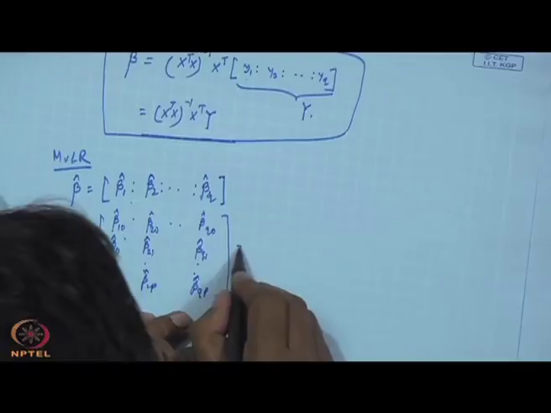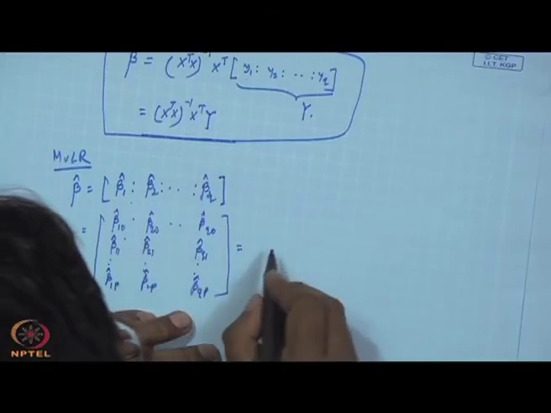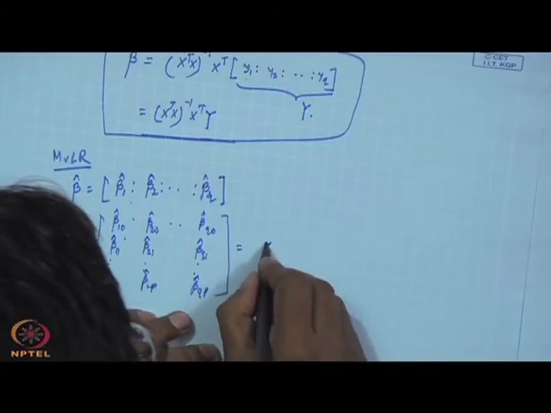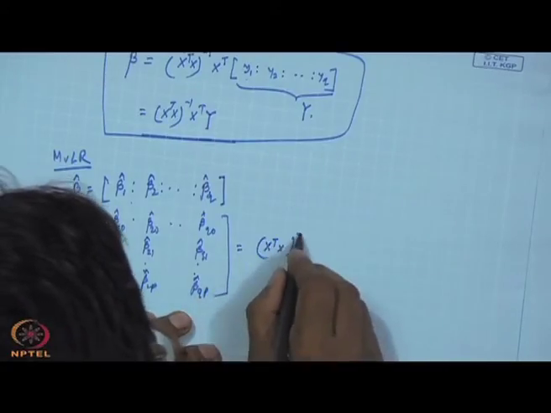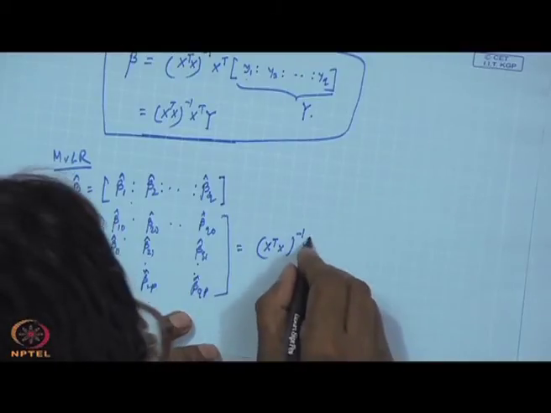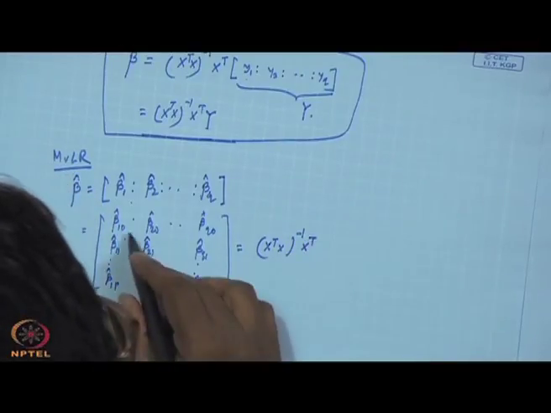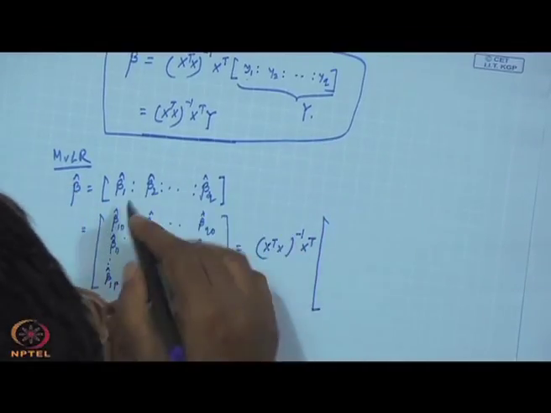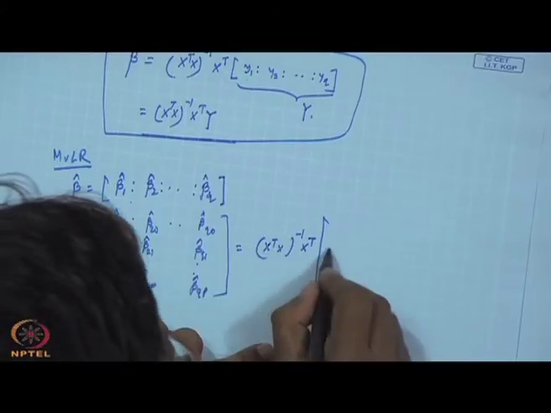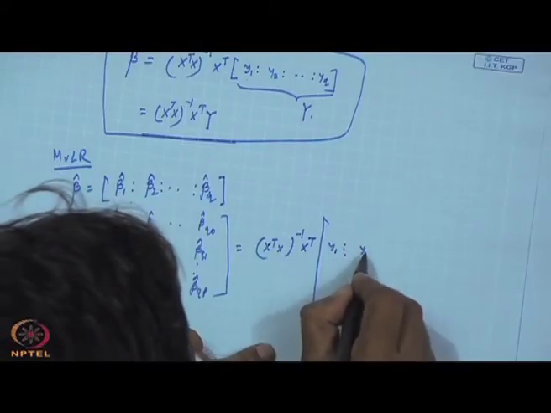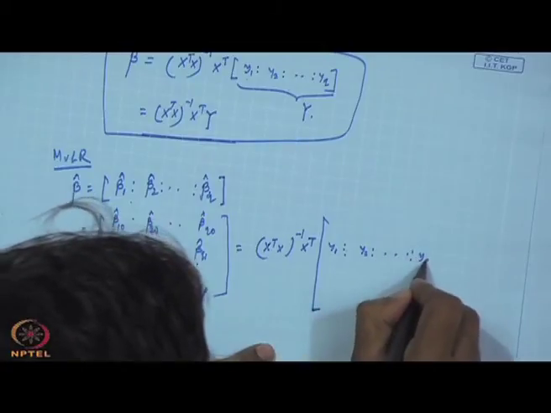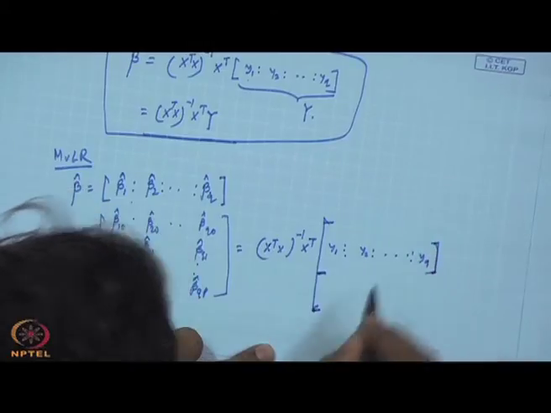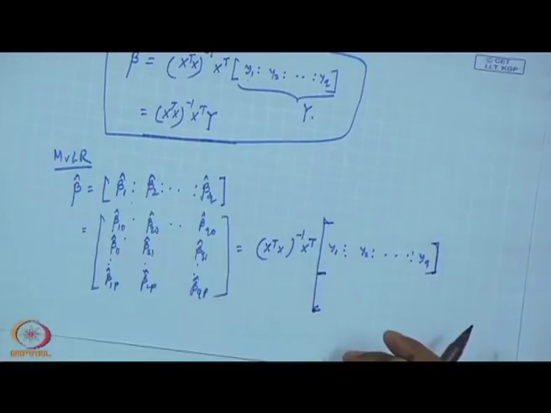And this one is, as we are saying, x transpose x inverse x transpose, and we are saying that y is there. So, can we not write it like this? This is similar to y1, y2 like this. Then y1 again has y1 1, 2, all those things.